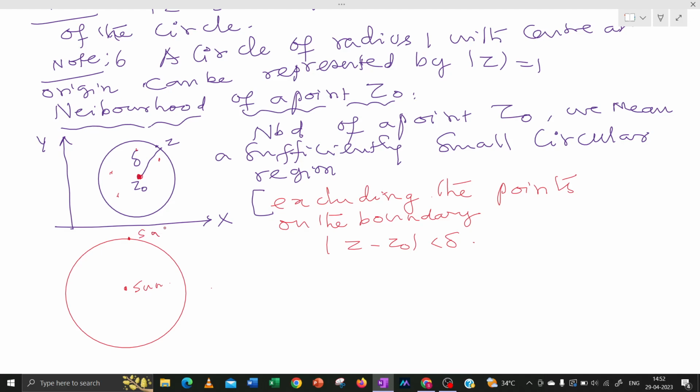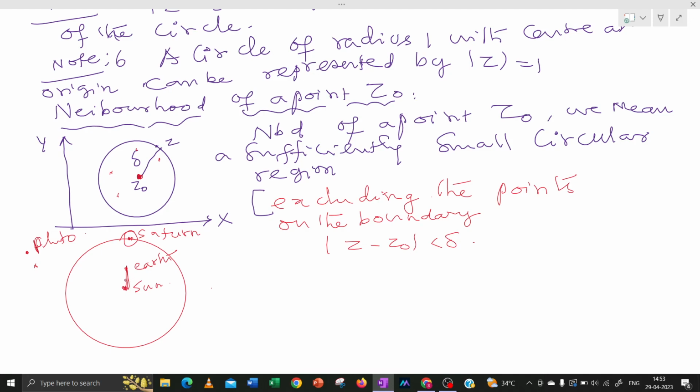Saturn is there, and the Earth is here. Earth is in the neighborhood of the Sun. If we take Pluto or Neptune, that planet is not in the neighborhood of the Sun. According to Saturn, if we take the point Z as Pluto, then Saturn, the Earth, Mercury, everything is in the neighborhood of the Sun.